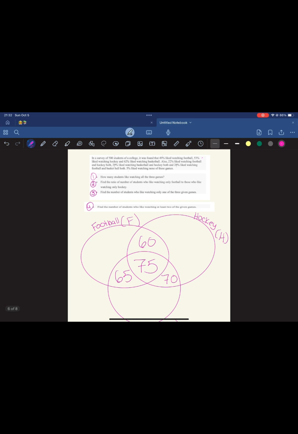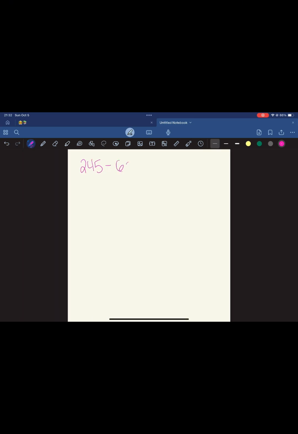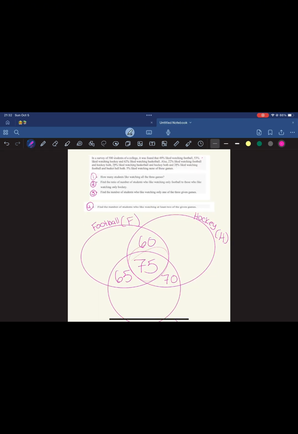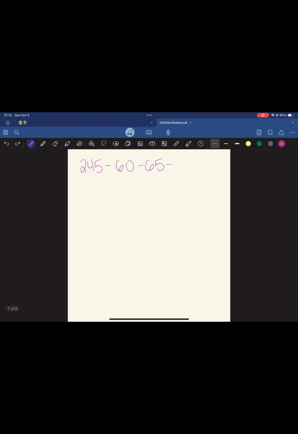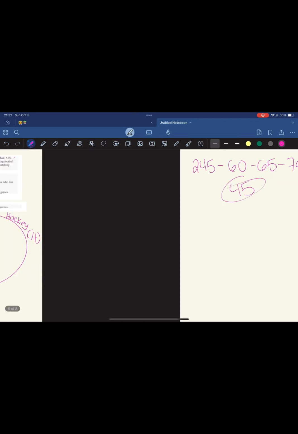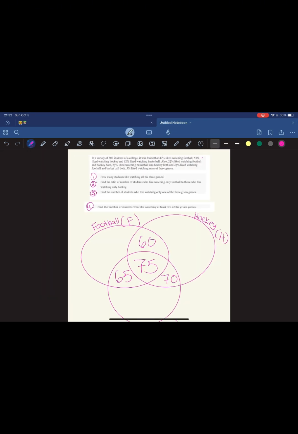So we are going to take our number 245, and we are going to subtract our 60 and our 65 and our 75. And that is going to equal 45. So we have our 45, and that is going to be for our football only.